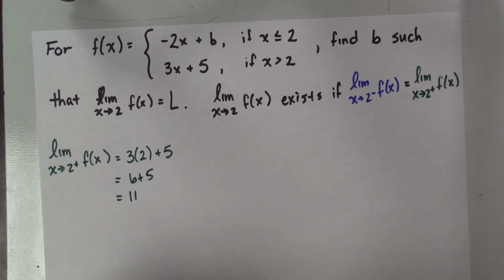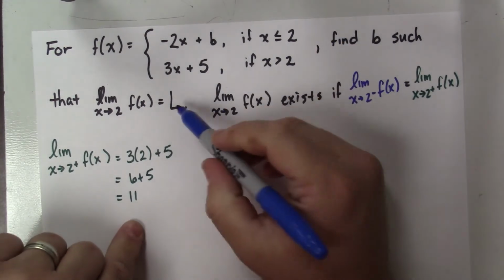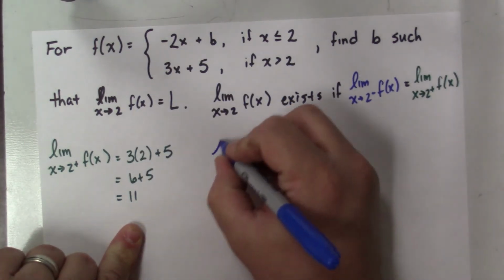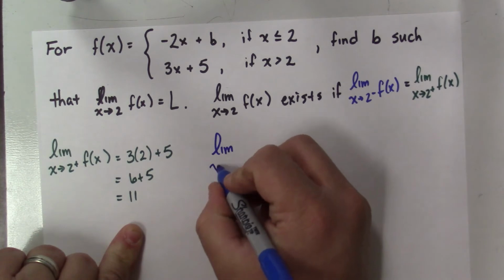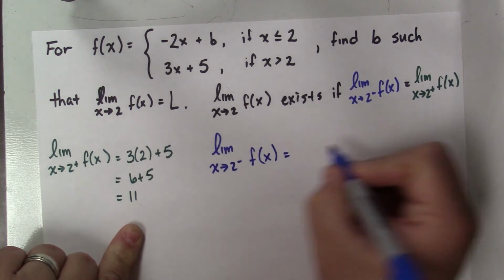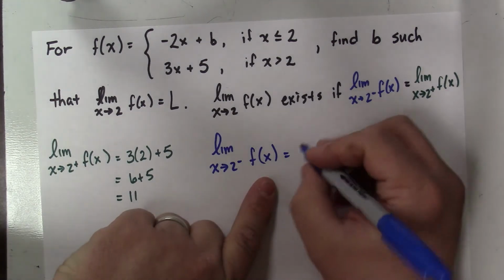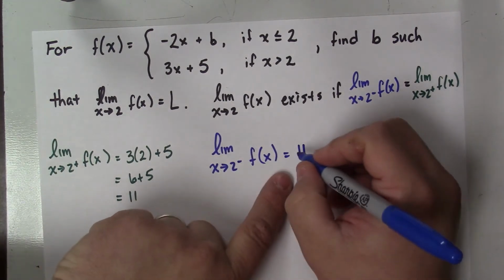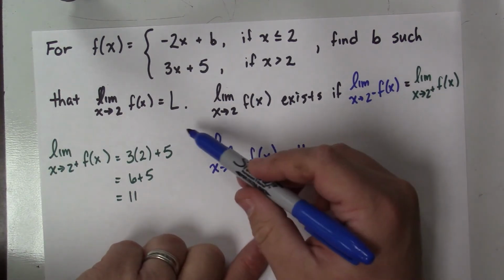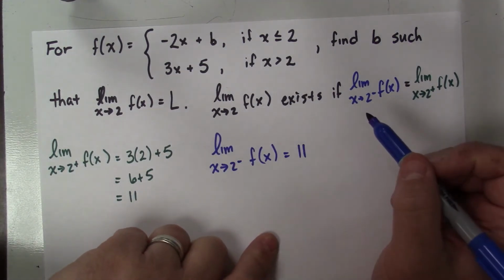Now this is where I guess we could say things get tricky. What I need for this to be true, the limit as x goes to 2 from the left of f of x has to be 11. If that's 11, then these two things are the same and the limit exists.